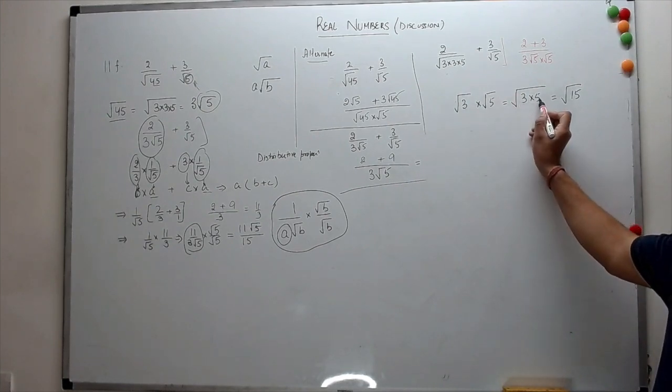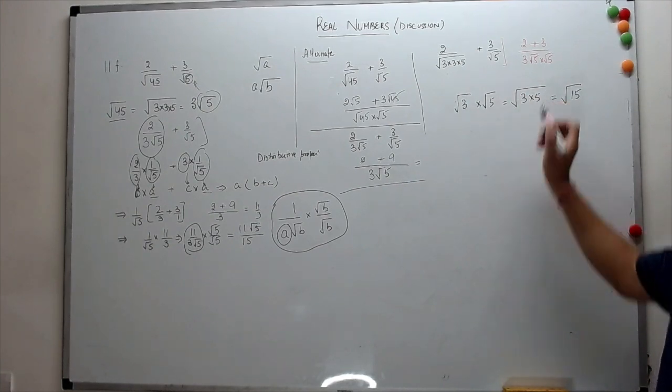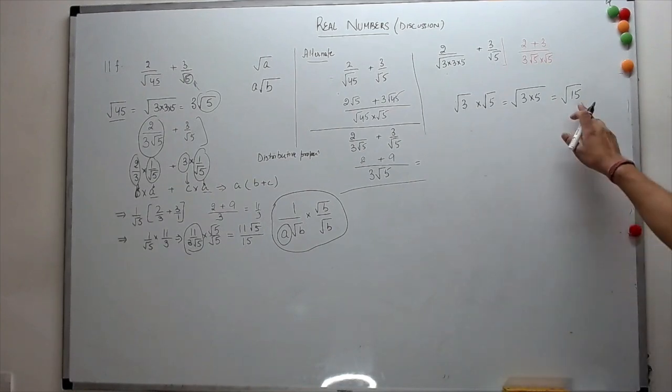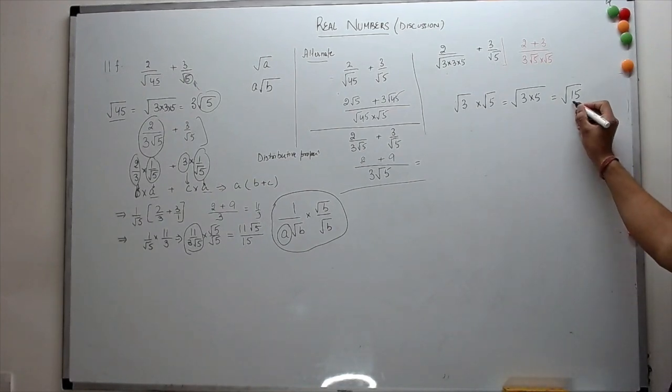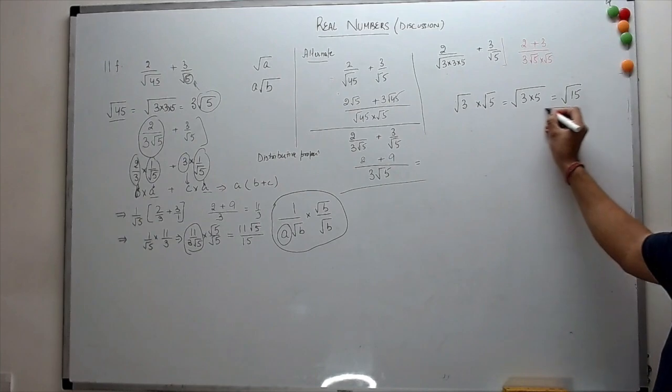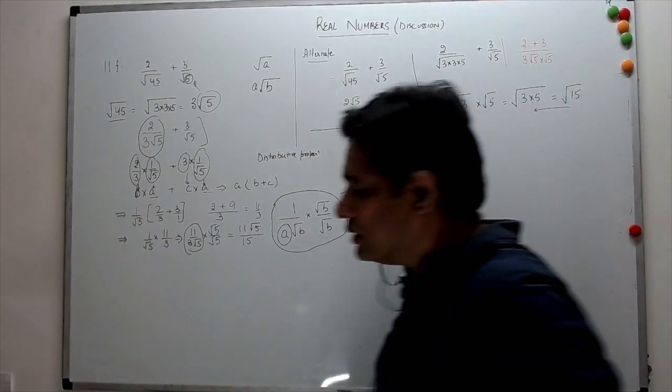So I can put them in one single umbrella and write it as a composite number का square root, जिसका उल्टा हम कई बार करते हैं, right?